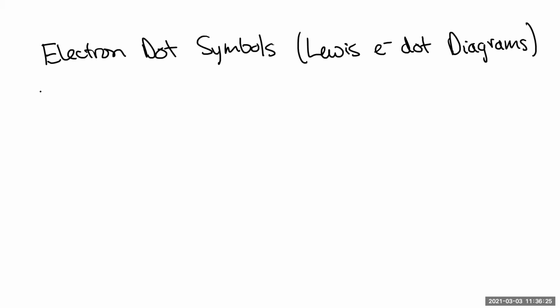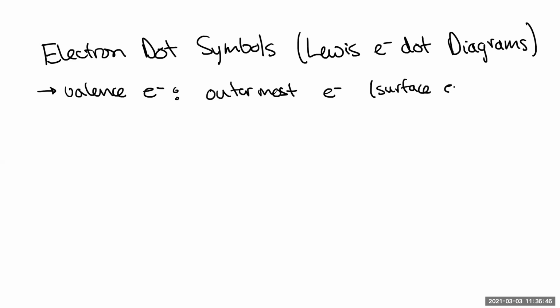So the definitions we need to review for this are the valence electrons. To begin with, we need to define valence electrons. These are considered the outermost electrons, or we could call these surface electrons on an atom.